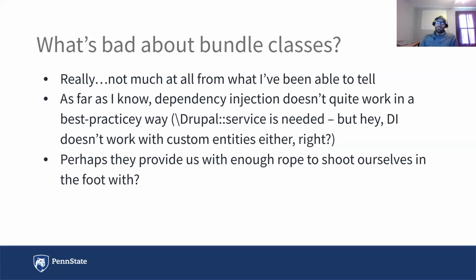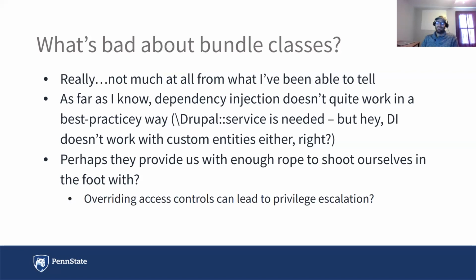And since this is so much easier than custom entities, is this leaving us with enough rope to shoot ourselves in the foot with? It becomes a lot easier to do weird things. Overriding access controls, not something to take lightly.